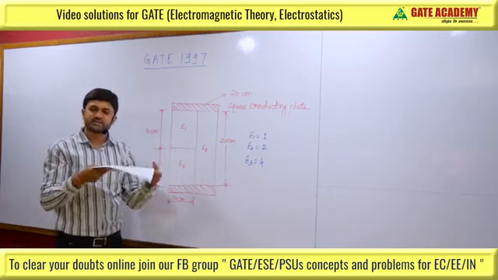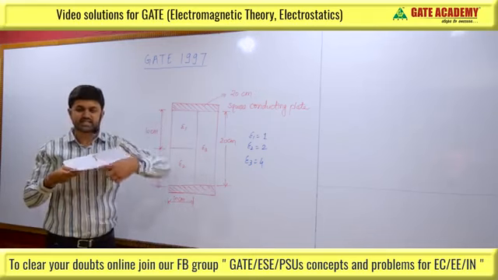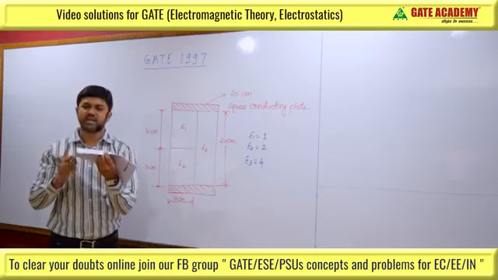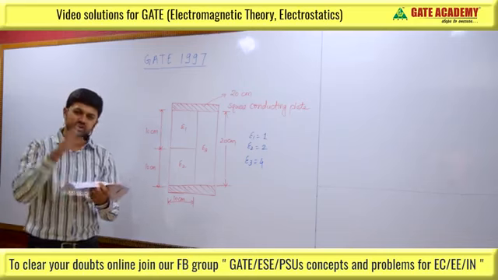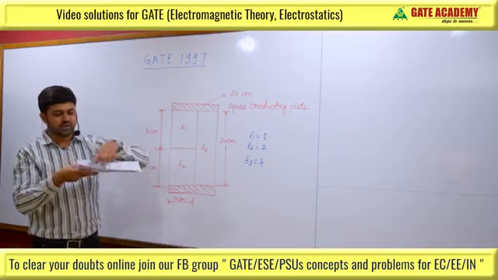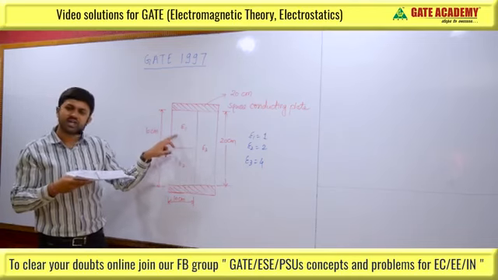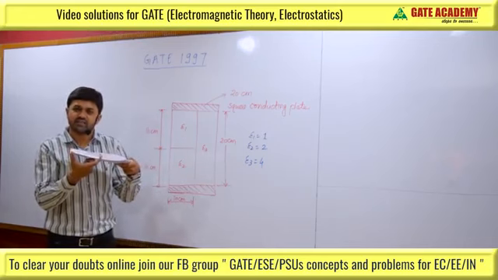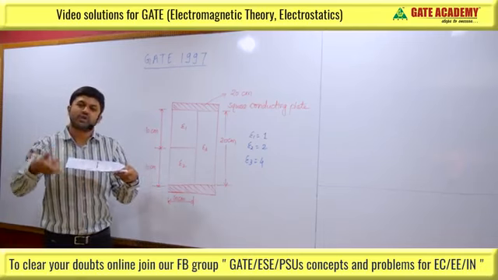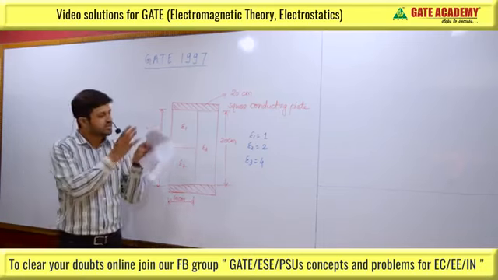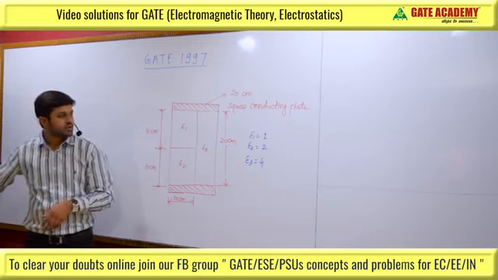The area of the plate for this capacitance is 10 into the complete length 20, so 20 into 10, that is 200, which is half of the complete plate area, because the complete plate area was 20 into 20, that is 400. So for epsilon 1, the area which comes into effect is only 200, half of the complete square conducting plate.